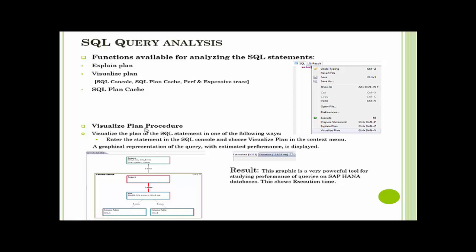Basically, to help understand and analyze the execution plan of an expensive statement or any SQL statement, we can generate a graphical view of its plan, that is, its execution plan. This graphical representation of the query will provide us an estimated performance of the plan, an output with which we can estimate the performance of the statement that we are using.